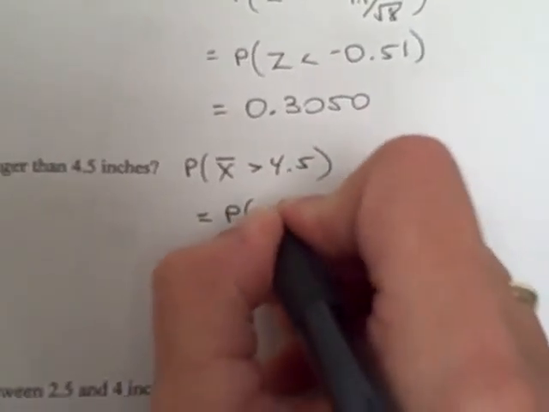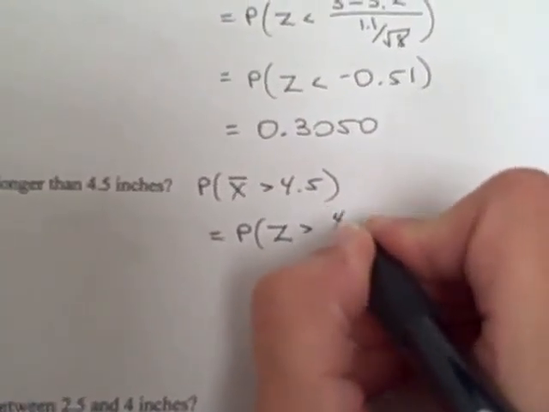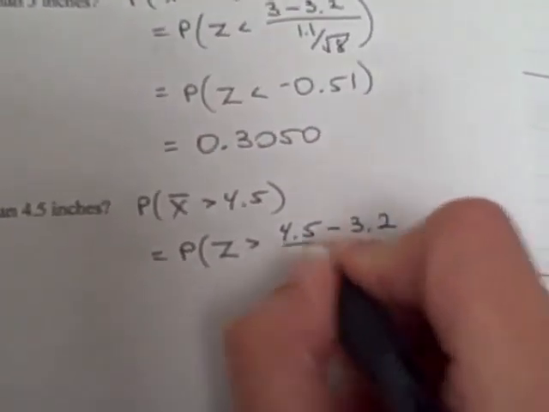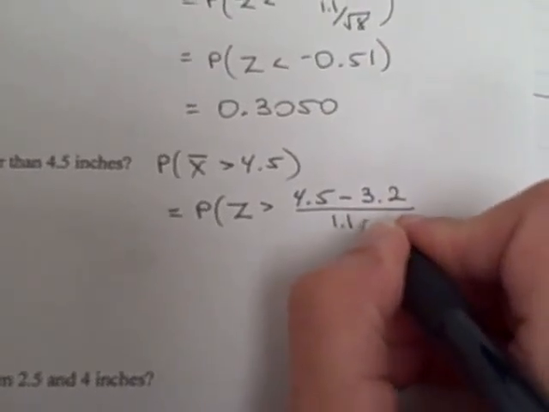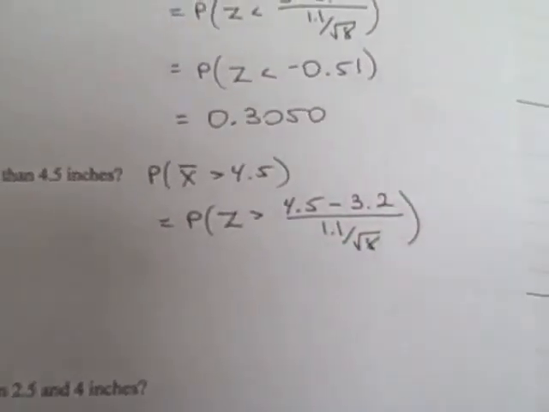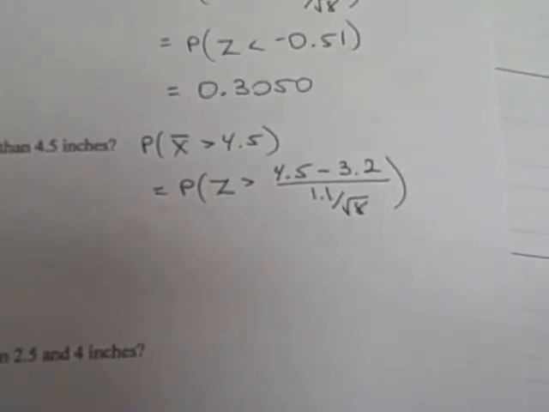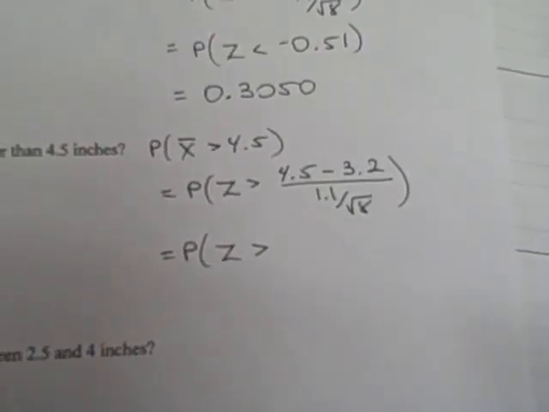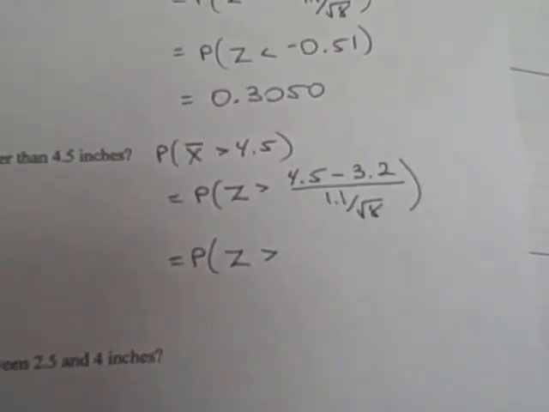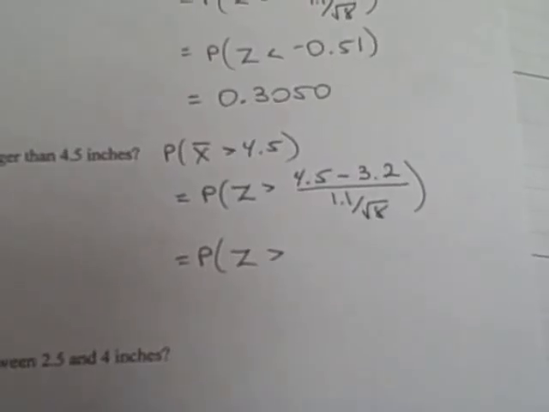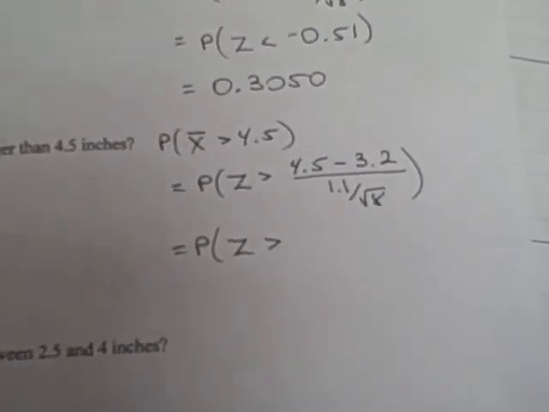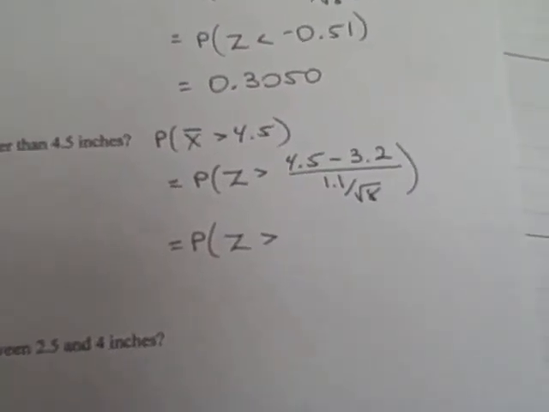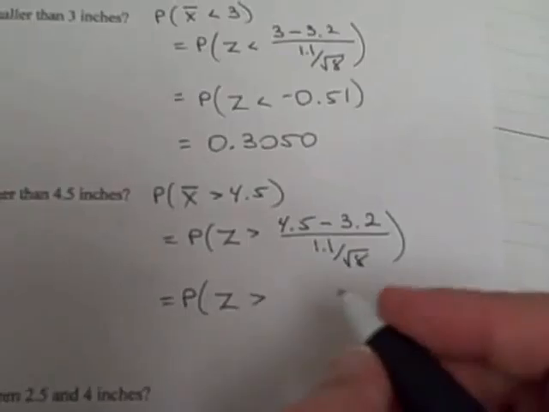So this is the probability that z is greater than x bar, 4.5, minus mu, which is 3.2, over sigma 1.1 divided by the square root of 8. Parentheses, 4.5 minus 3.2, close parentheses, divided by, parentheses, 1.1 divided by the square root of 8. I get 3.34.